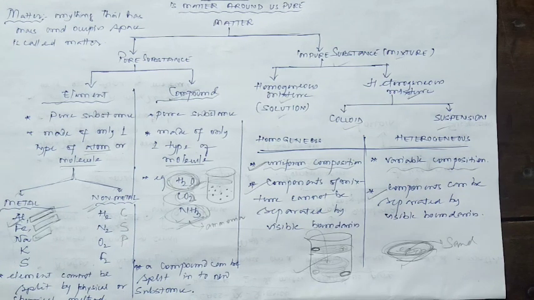That's the nature of a heterogeneous mixture. Now, students, heterogeneous mixtures can further be classified into colloids and suspensions. Let's understand the difference between solution, colloids, and suspension. So, the first point of difference we all understood: solution is a homogeneous mixture, colloids and suspensions are heterogeneous mixtures.